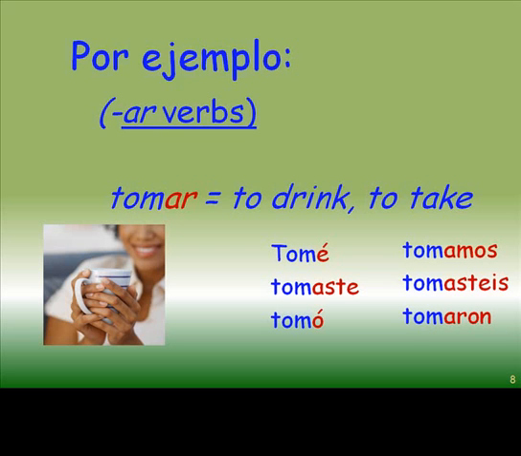Notice how I said before that tomamos is the same in the present tense and the past tense. And how do we know which one we're using? Well, in the context of the conversation, we'll know if we're talking about an event in the present tense or an event in the past tense.